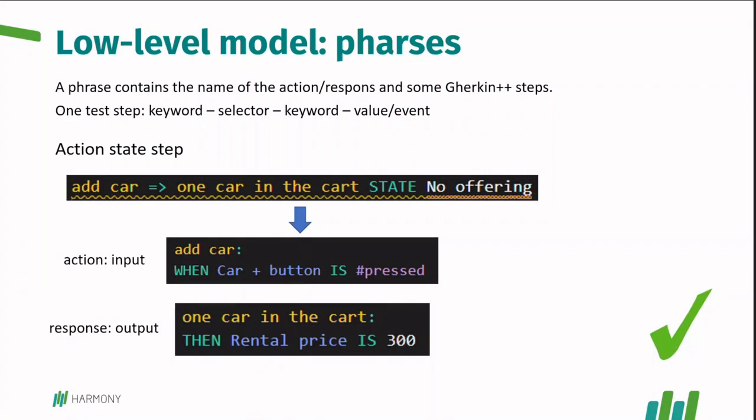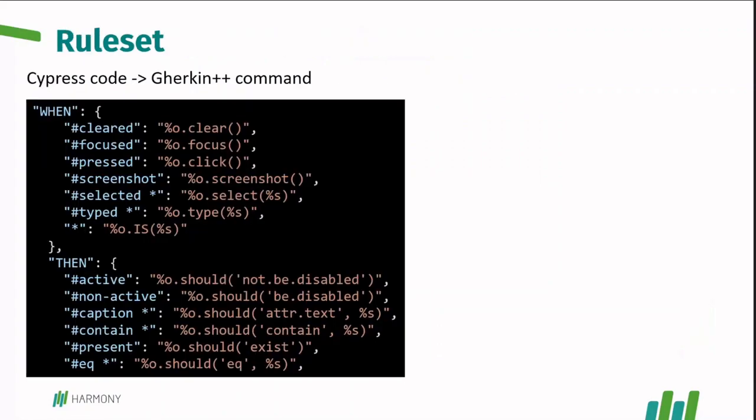For example, here you can see a step from the abstract model, and considering the action, we have a single test step: when car+ button is pressed. It's just what it reads, that we should press the car plus button and that's it. And for the response, the rental price is just 300.